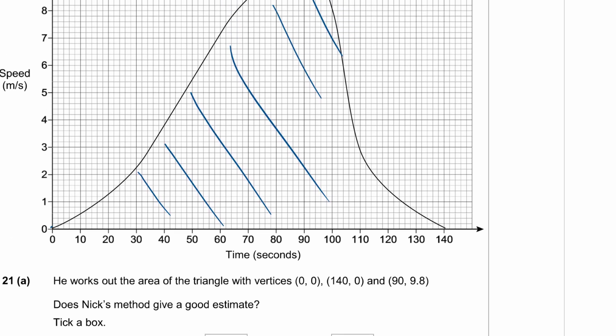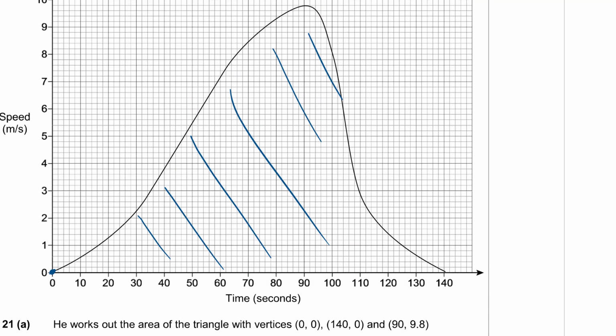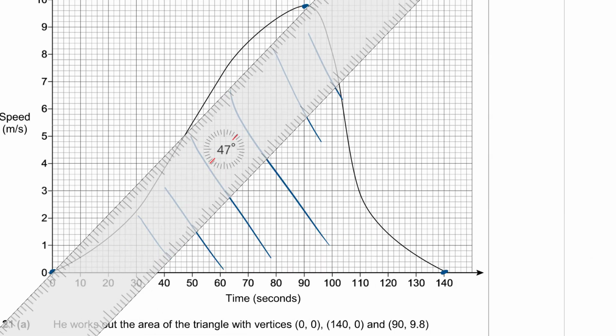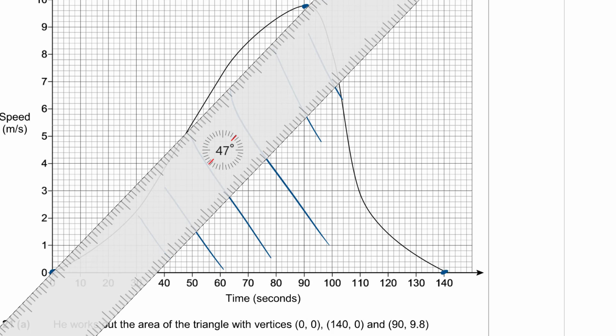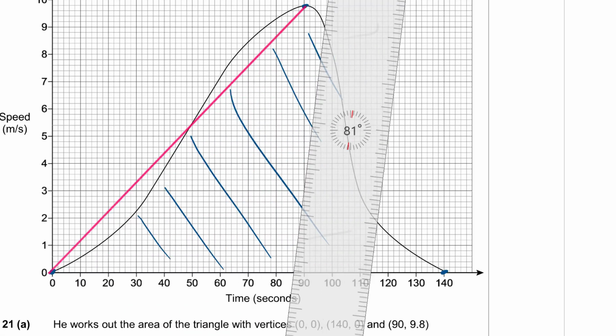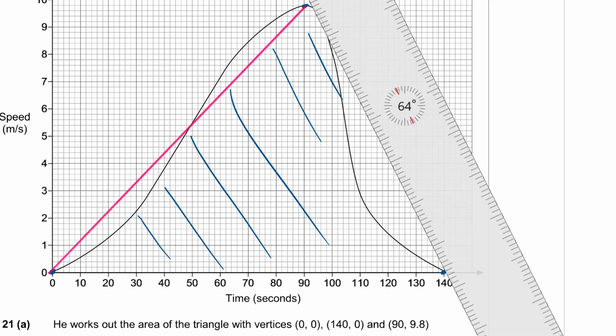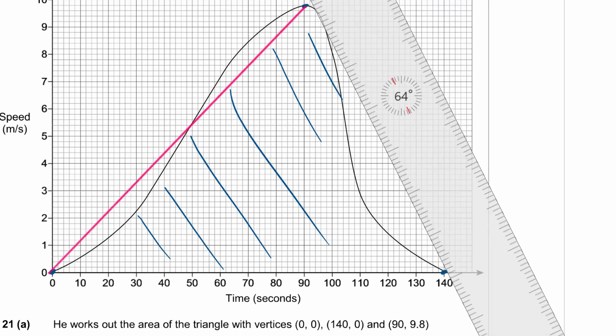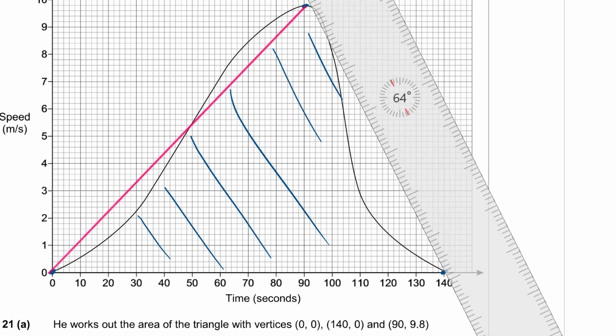So 0, 0 is here, and 140, 0 is here, and the other vertex is at 99.8, the tallest point on there. So he's going to estimate this as a triangle like this. Triangles are easy to work out the areas for, whereas wibbly wobbly lines, not so much.